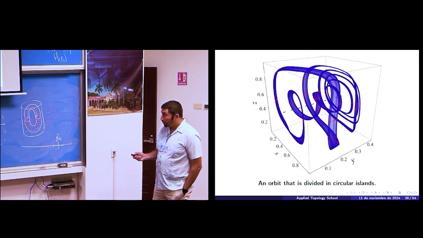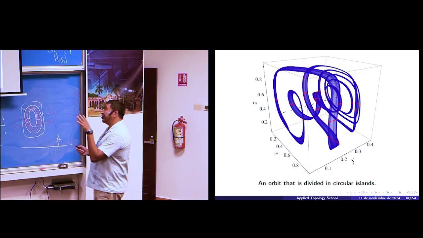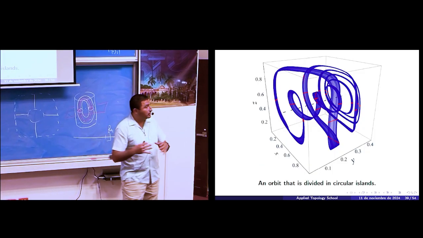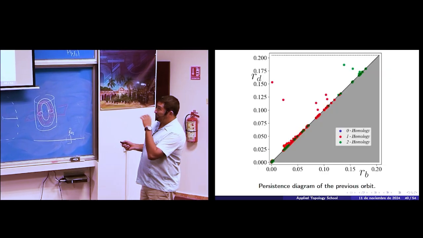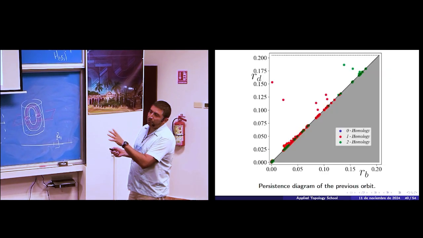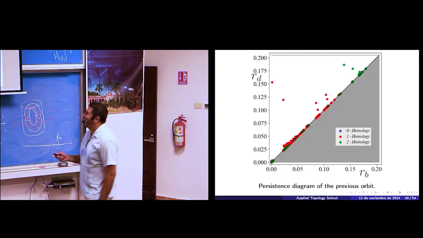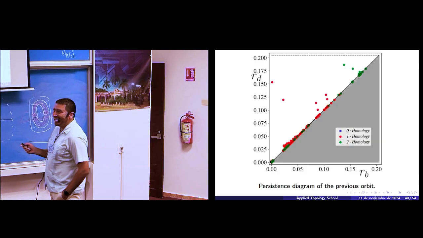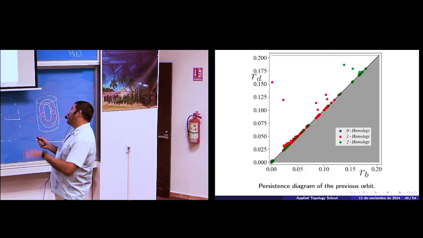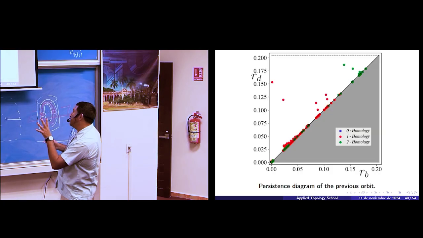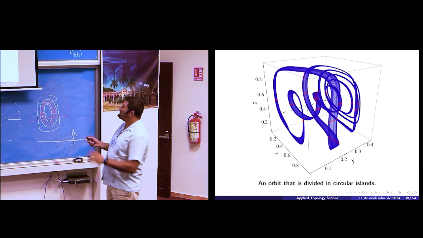Okay. And for example, this is an example of the orbits which are divided in circles, right? And the persistent diagram is something like this. It's exactly this. Okay. And we already can understand what is happening with this, it's not difficult to explain.